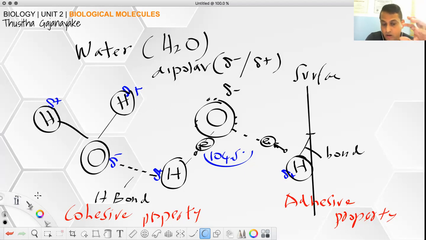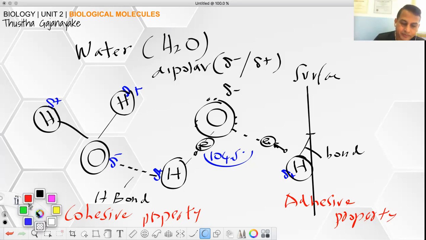Let's say another property. Water is an excellent solvent because life is not made out of water alone; many things are added to the water. Many molecules must be transported within this water-based system. Let's see this example. We're going to add sodium chloride to a glass of water.